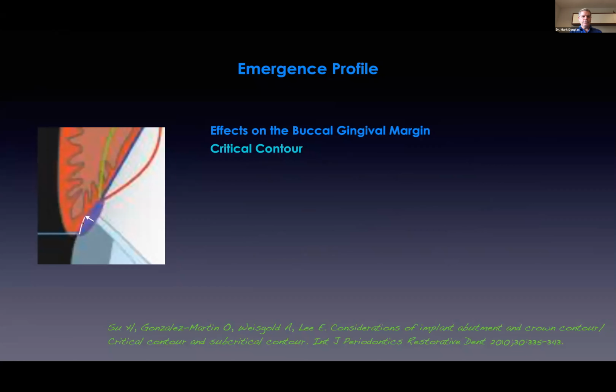If you move the critical contour buccally such that it becomes convex, the buccal gingival margin moves apically. If you hollow it out such that it becomes concave, the gingival margin moves coronally.